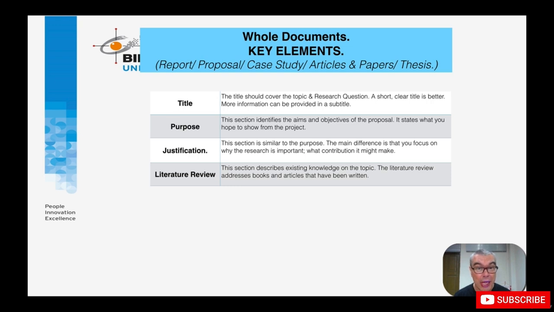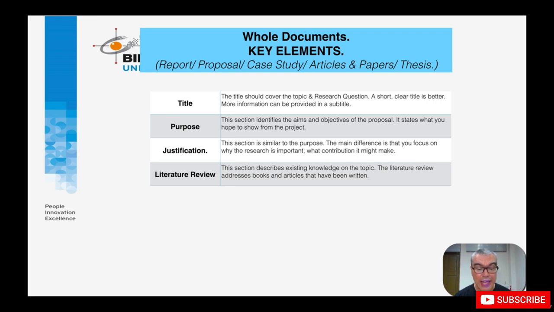So this is where you need to apply things like your paraphrasing, summarizing, using citations, and also including your own comments, opinions, and observations on the literature that you review. This section will be quite a big element of your document, and it is usually divided up into several subheadings and things like that.